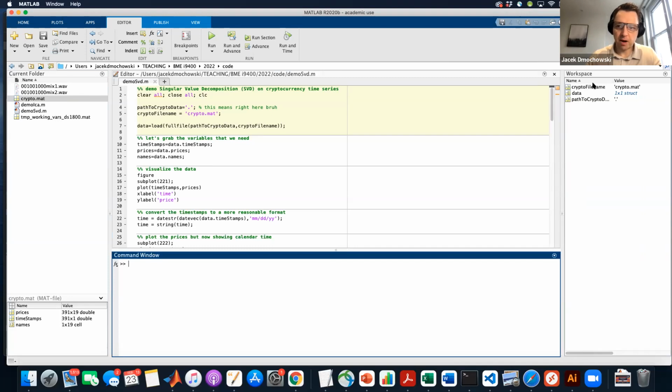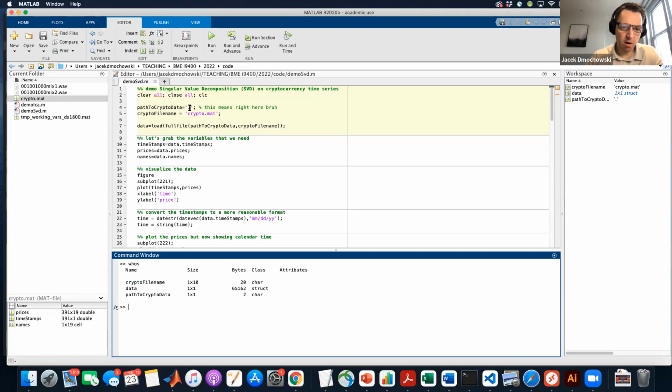In my workspace now, which hopefully for you is also on your right, I have the variables that have appeared. I can see those variables in the command window if I type who's, and I see that I now have three variables. The crypto file name is a string, equal to crypto.mat.